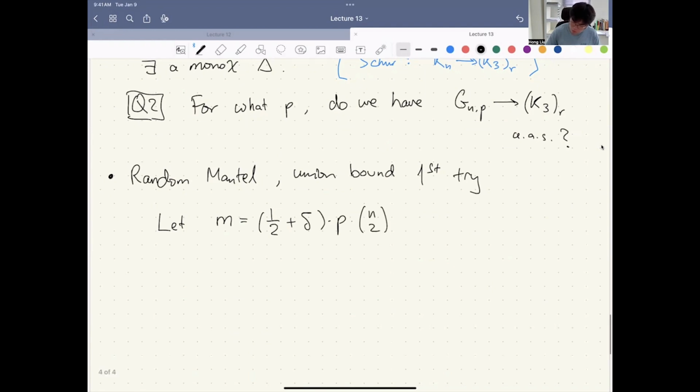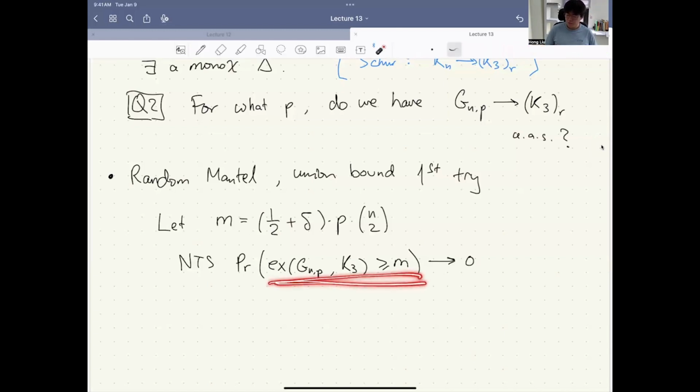We need to show that the probability that the extremal number of K3 in G(n,p) is bigger than M tends to 0. It's a very small probability. So what does this event mean? It means G(n,p) contains some subgraph G which is triangle-free and e(G) is bigger than M.